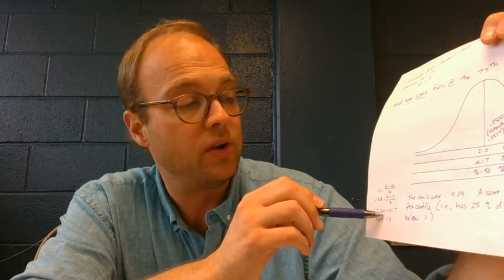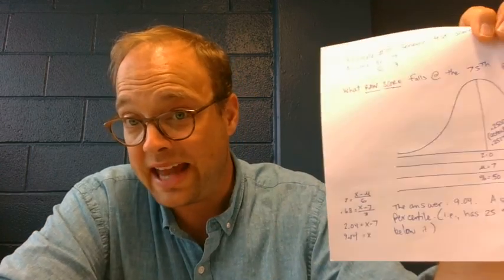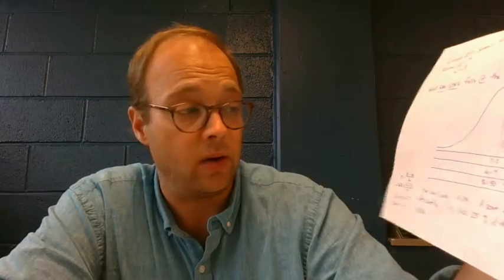Excuse me, I got ahead of myself. 2.04 equals x minus 7, and then I simply added 7 to both sides of the equation in order to isolate x. X equals 9.04, and that is the answer to our question. What raw score falls at the 75th percentile? The answer is 9.04, and that's it.